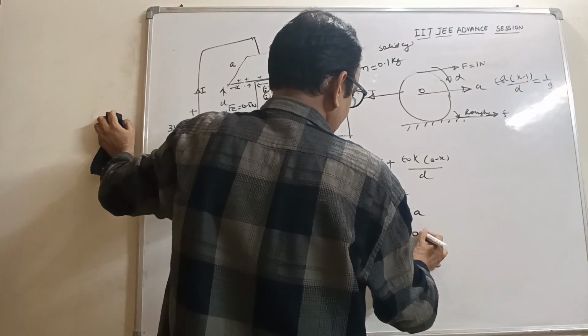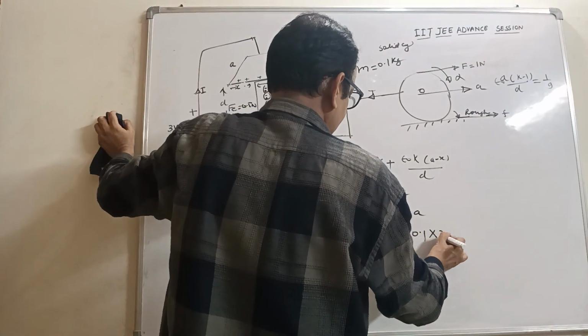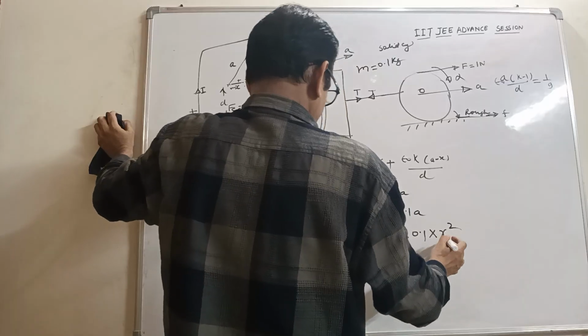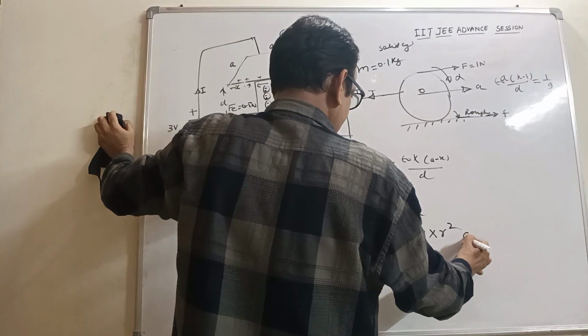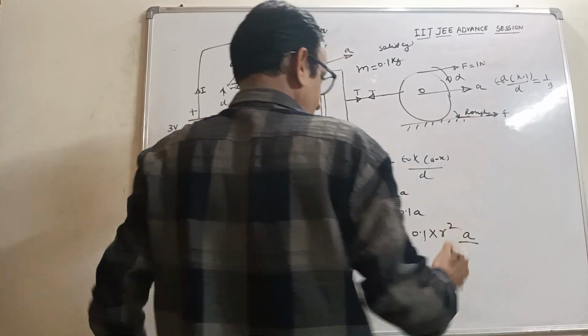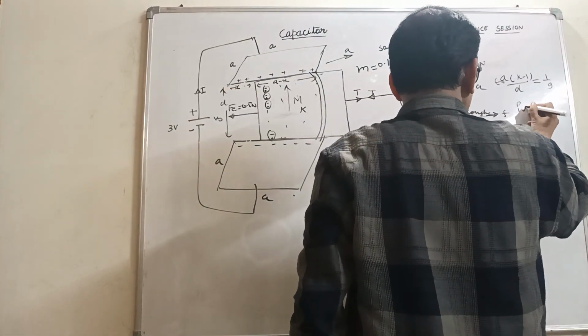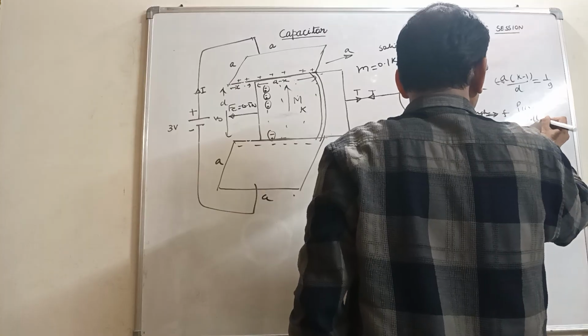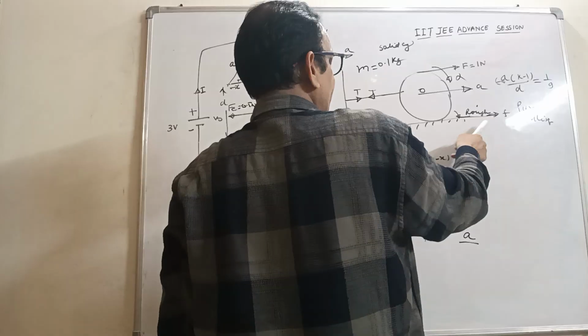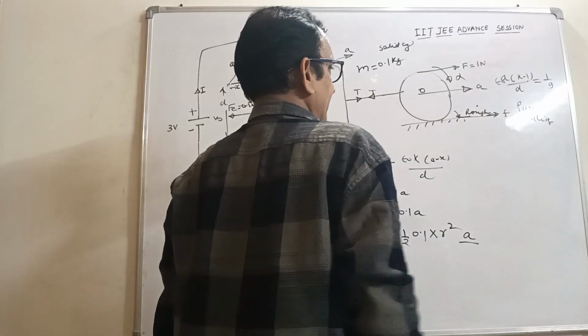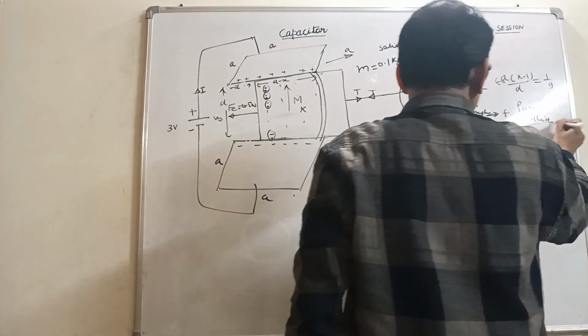So m is 0.1, r is r square, mr square into alpha. Alpha is equal to a by r, because pure rolling is here. Pure rolling because of the rough surface, friction is acting, the friction is static friction, not kinetic. So pure rolling is here.